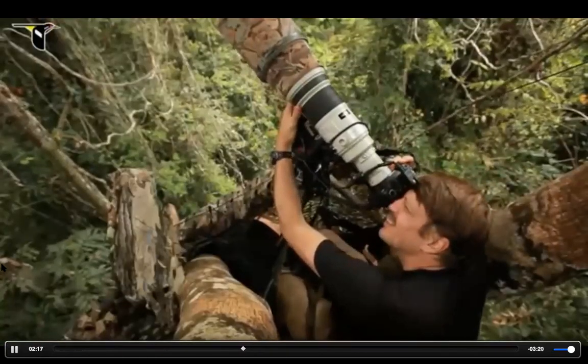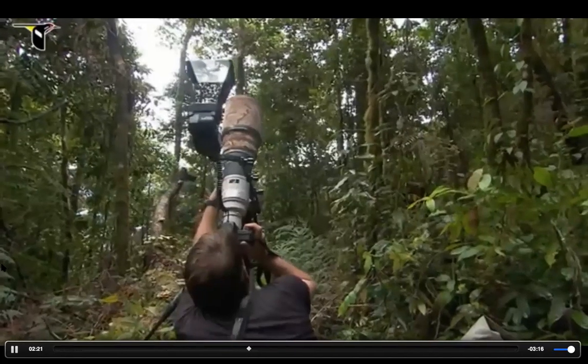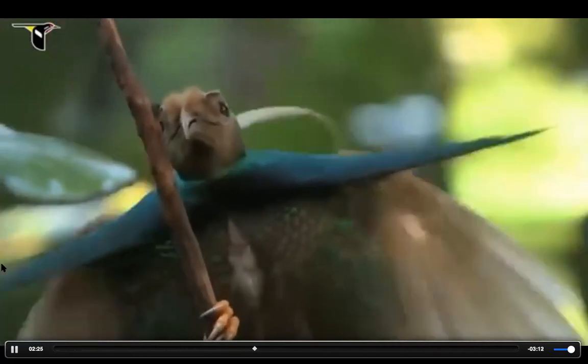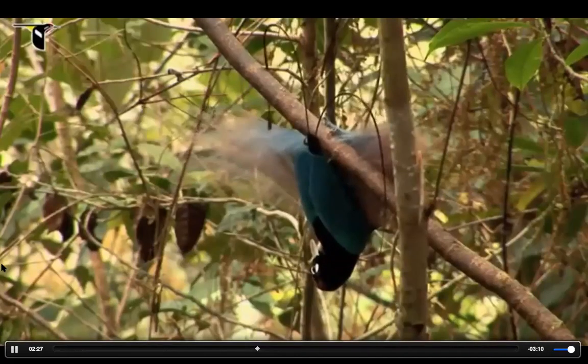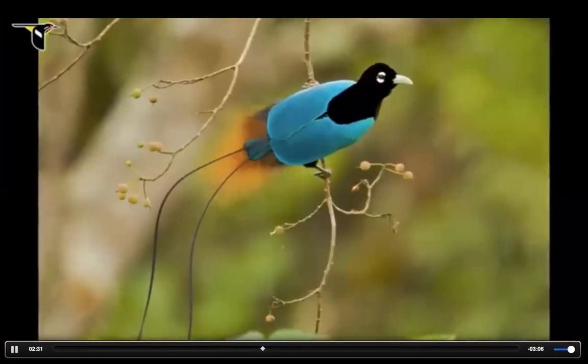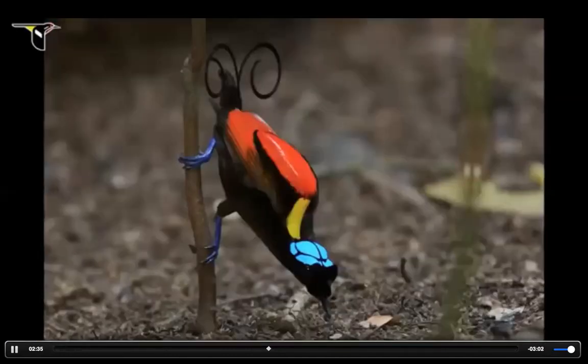They've been photographing, analyzing, and recording their every move, every behavior, in an attempt to comprehend their secrets. And in doing so, revealing extreme examples of the miracle of evolution.